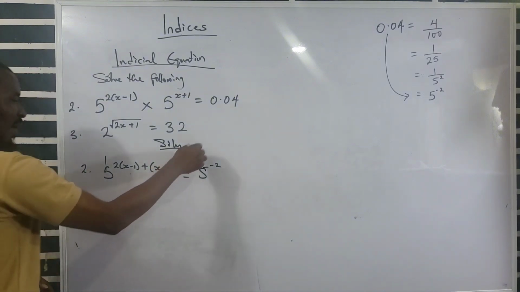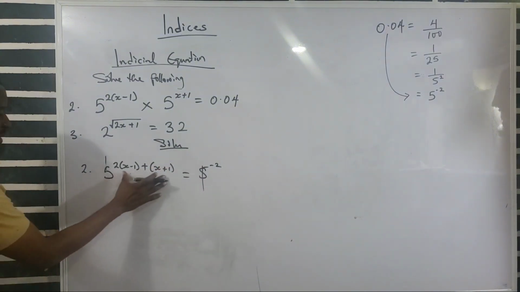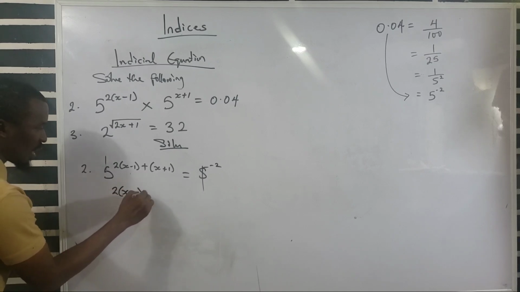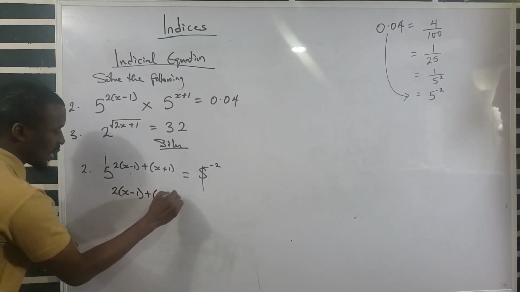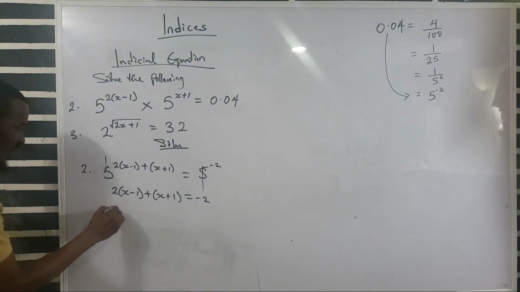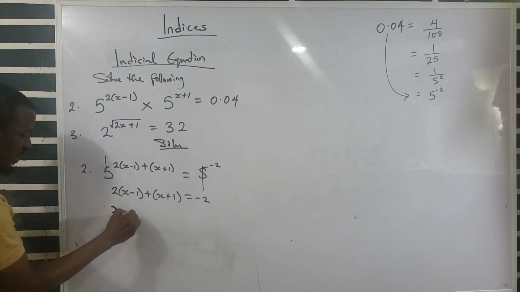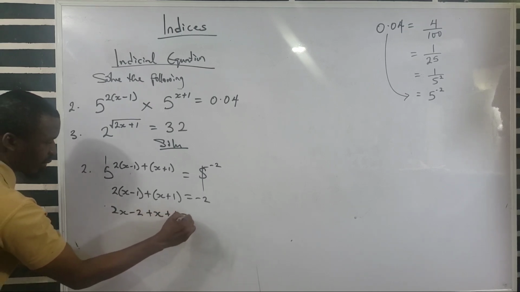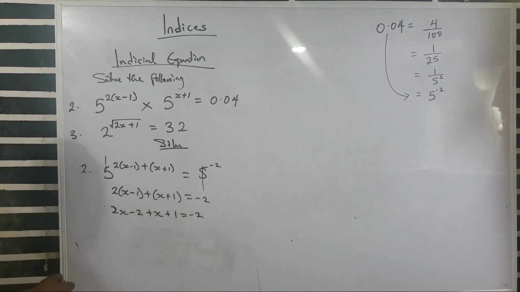So we can remove our base, and we have 2 into x minus 1 plus x plus 1 equals minus 2. Open your brackets: you have 2x minus 2 plus x plus 1 equals minus 2. You collect like terms.